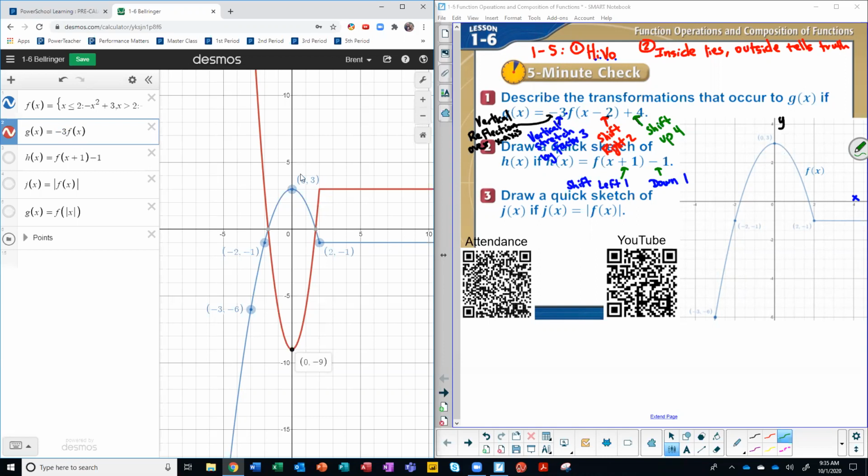This -3 did not change the x, but what it did change was the y. The y went from +3 to a -9. It got multiplied by -3. Or check this point. What's -1 times -3? -1 times -3 is +3.